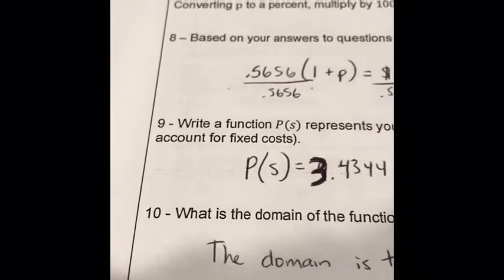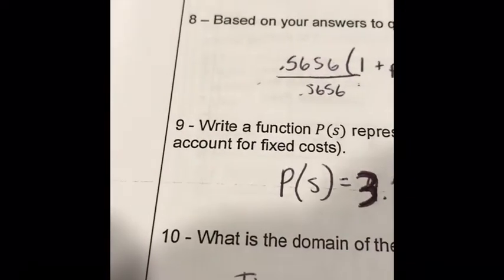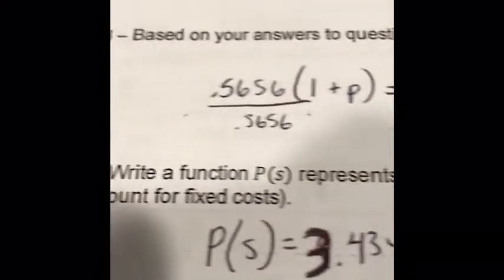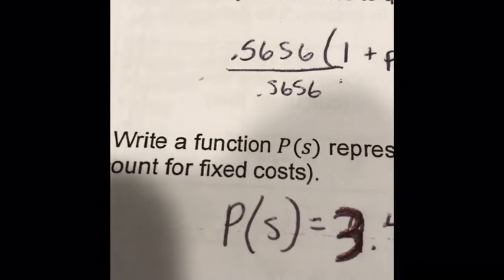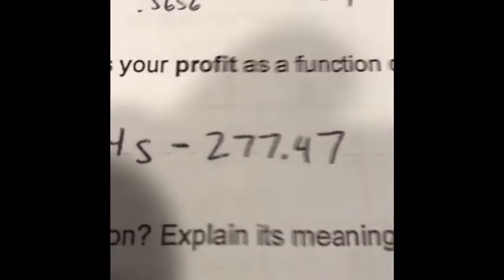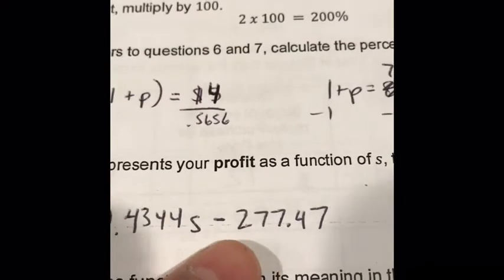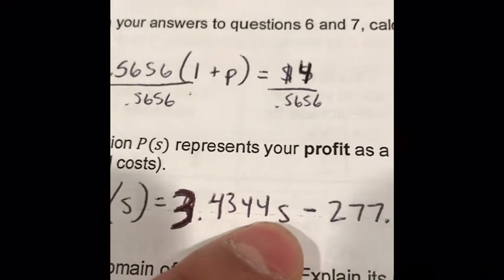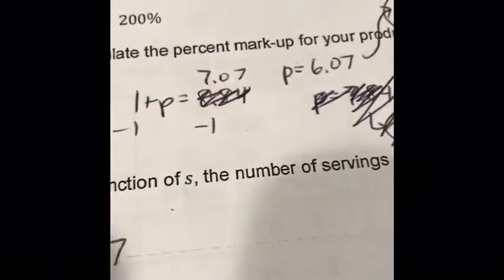The function part for number 9 might be the hardest. Write a function P of S representing your profit as a function of S, the number of servings sold. Be sure to account for fixed costs. So basically, I took my fixed costs, I subtracted it, and then this right here, so the S represents, let's see, S represents the serving.